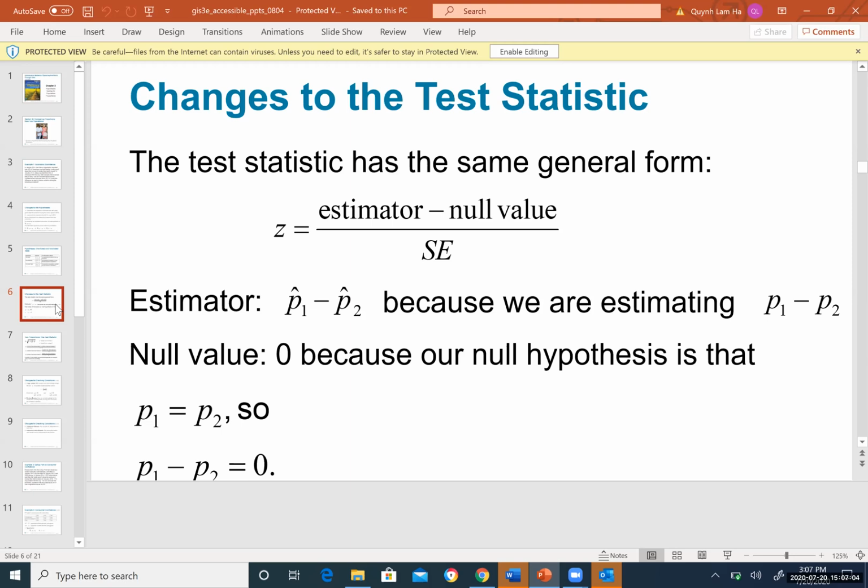So an estimator in this case would be P hat 1 minus P hat 2. That's how you read it.